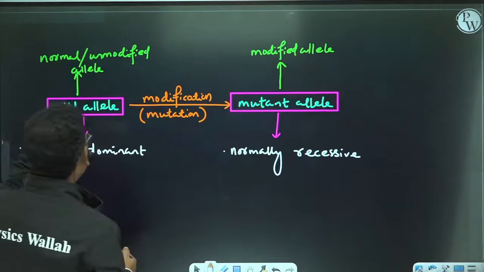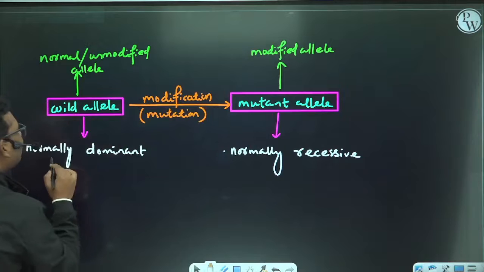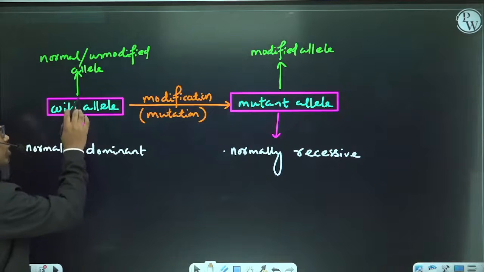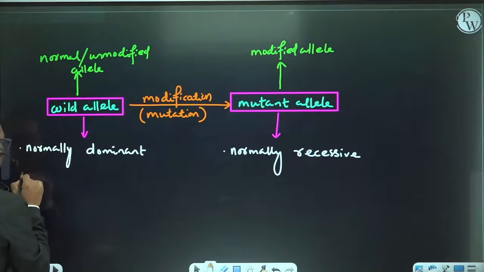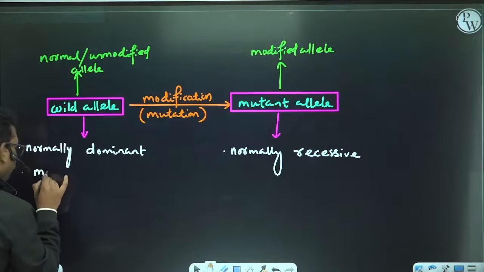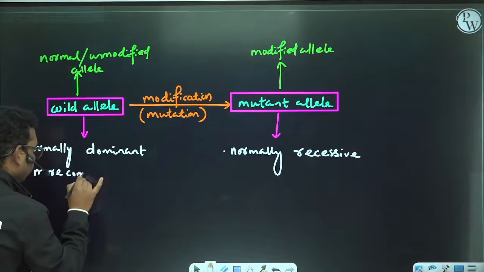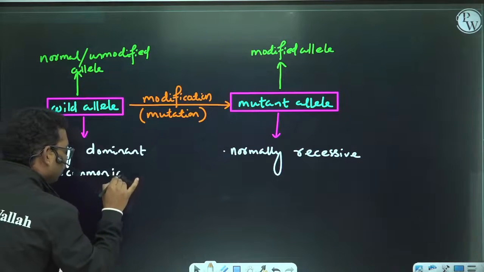Okay, so let me write one point here: wild allele is more common in a population.